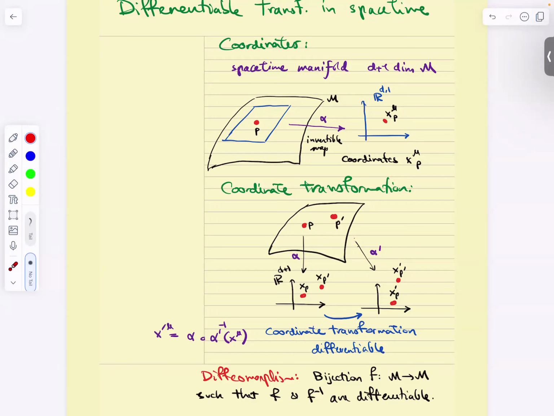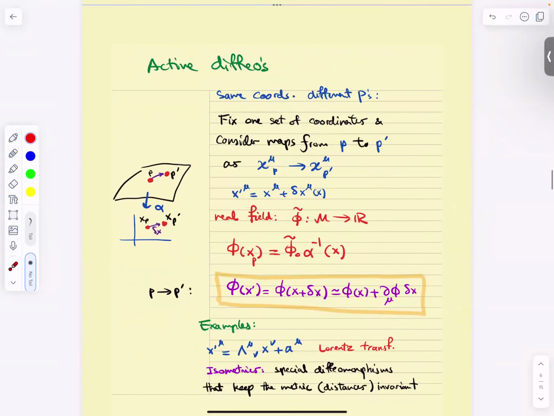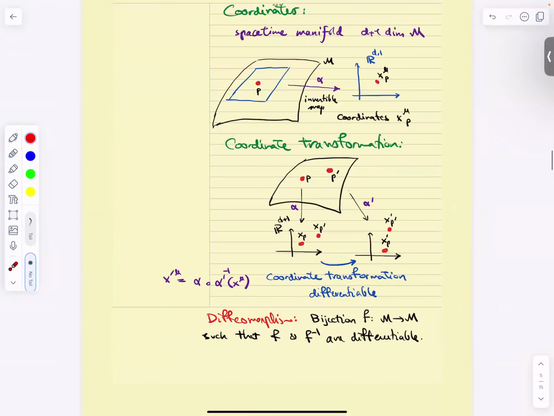Good. Now that we have defined what a diffeomorphism is, we're going to talk about two different types of diffeomorphisms: active diffeomorphisms and passive diffeomorphisms. Active diffeomorphisms correspond to symmetries and charges and actions because we're doing something.